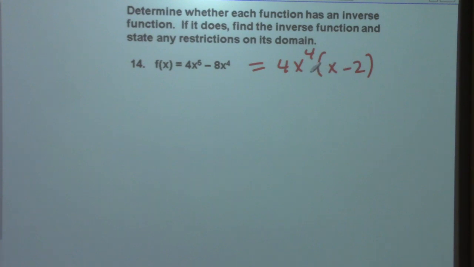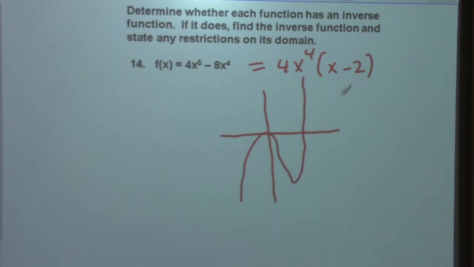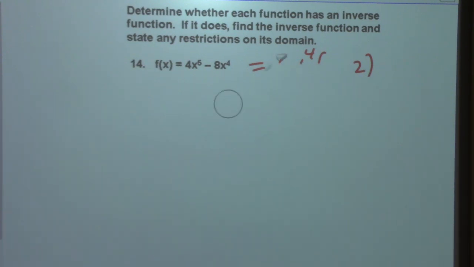So it's going to go like this, come like this, and then it's going to come right here at 2. That's where this 2 comes from. But we're going to work on sketching these types of things from the equation later on this year.